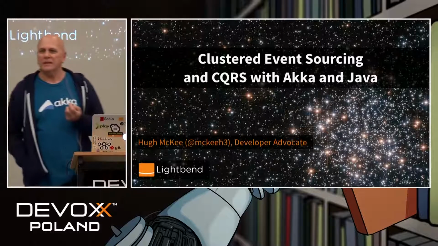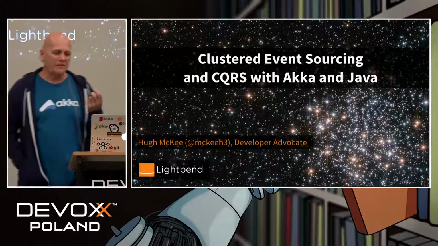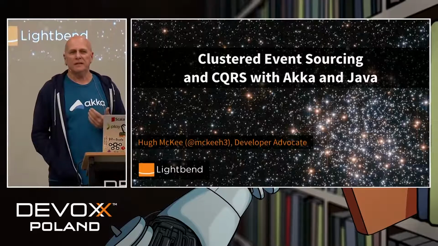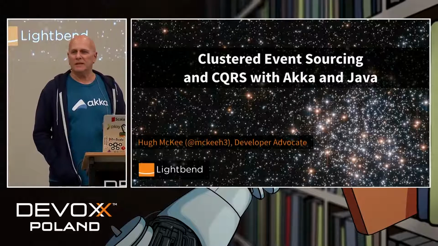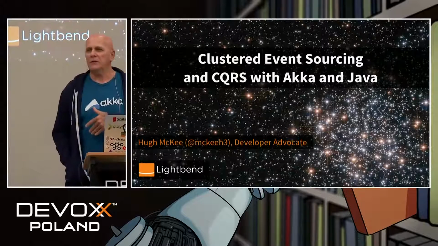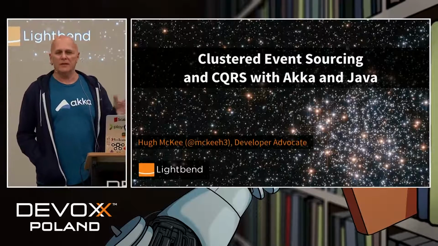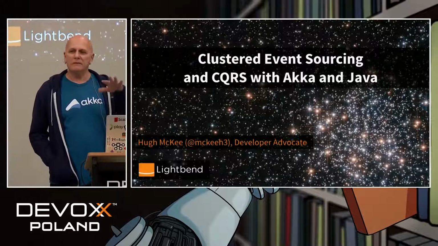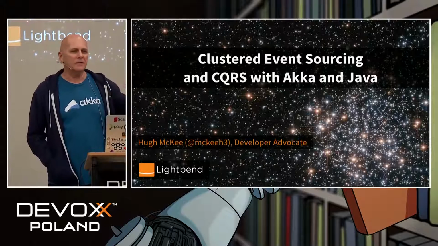And the topic in this talk is clustered event sourcing with CQRS implemented with some example code in Akka and Java. At the end of the talk, I'm going to give you a bunch of links to 6 different projects that progressively build up some interesting things about Akka, if you're new to it.